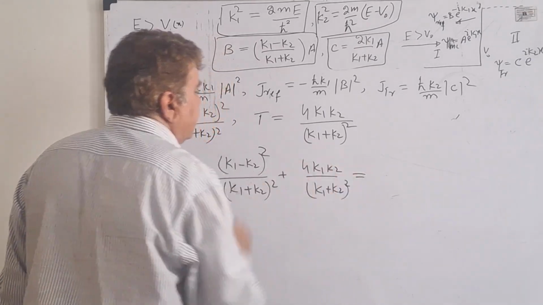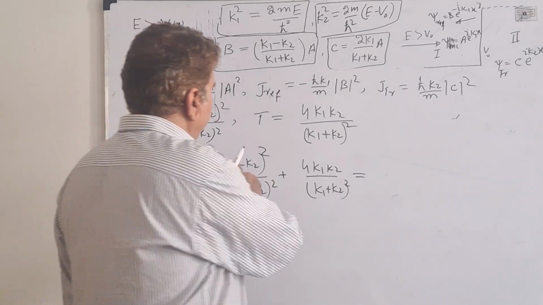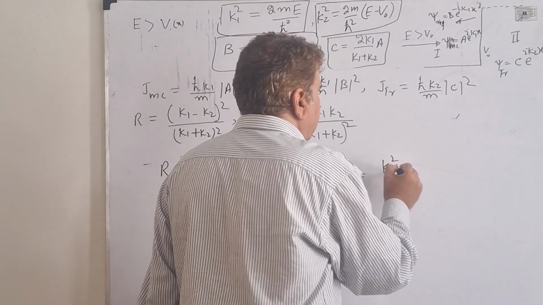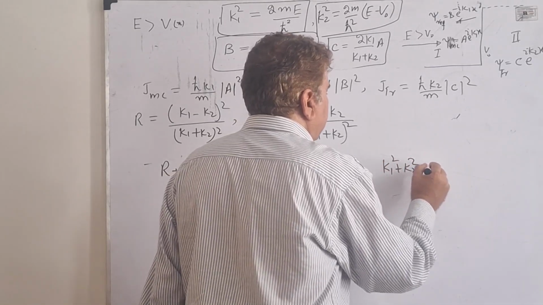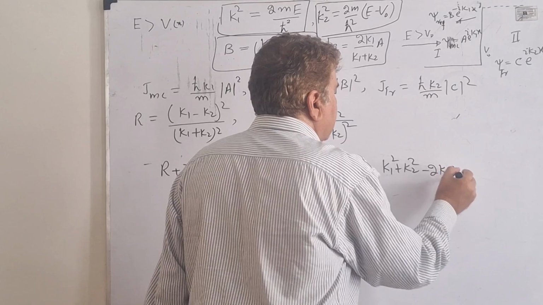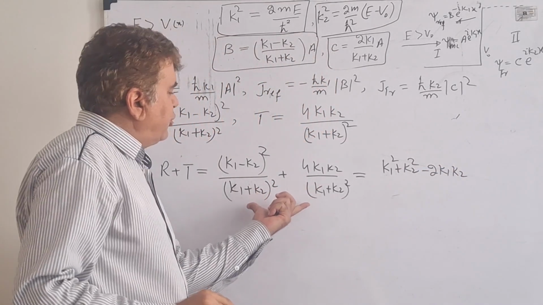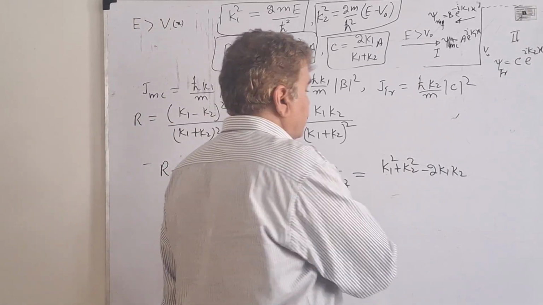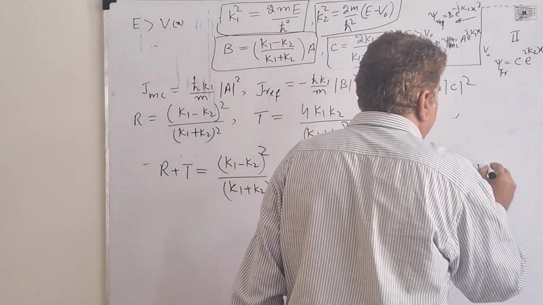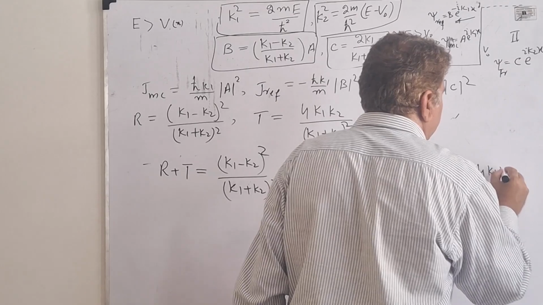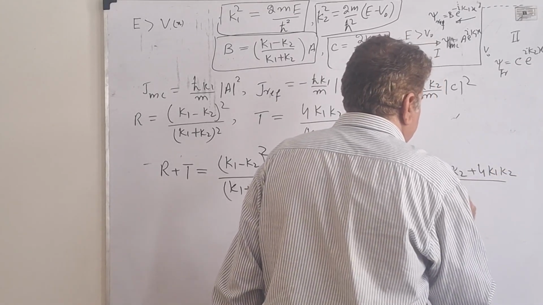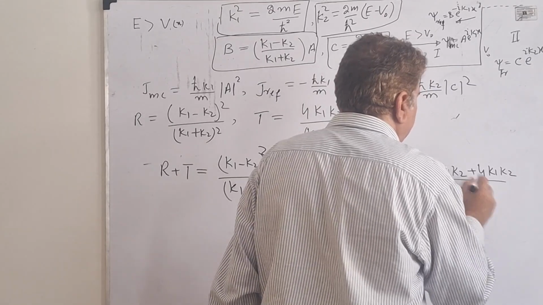And this I can write, if I open this squared, as k1 squared plus k2 squared minus 2 k1 k2, and since the denominator of the two terms is the same, I can put them into a single numerator by writing k1 squared plus k2 squared plus 2 k1 k2 divided by (k1 plus k2) whole squared.